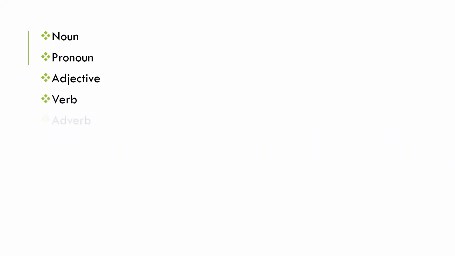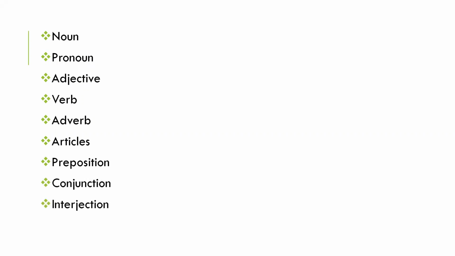Verb, adverbs are related to verbs, articles, prepositions, conjunctions, interjections. These are some of the most common parts of speech. These all come in our sentences when we speak, write, or read English.